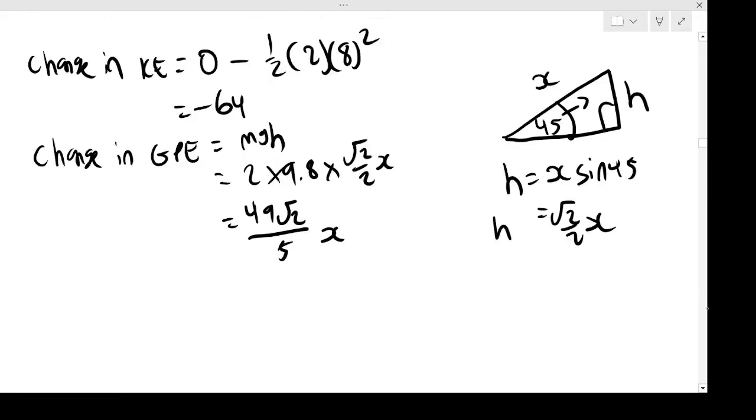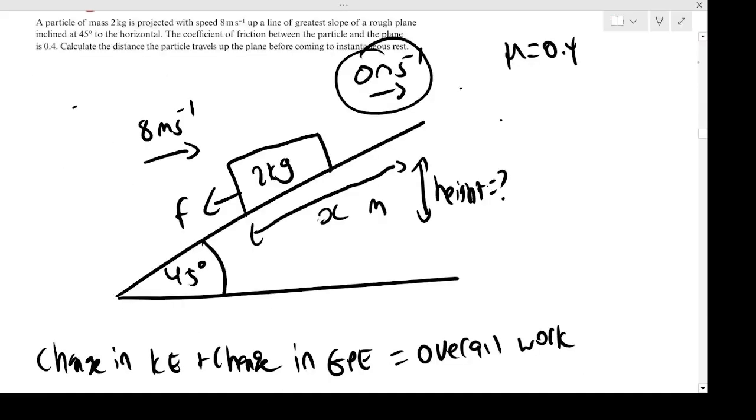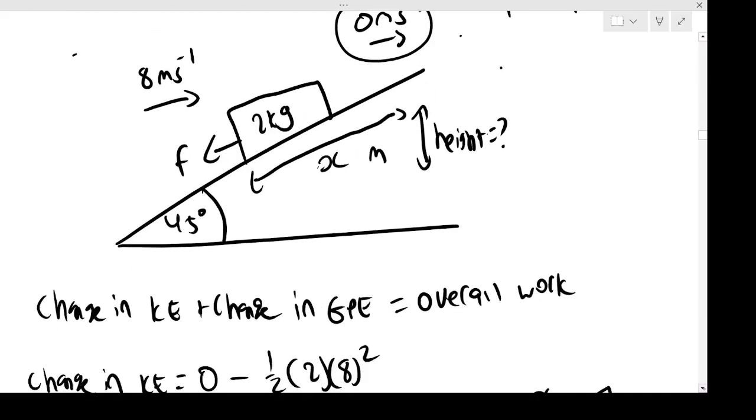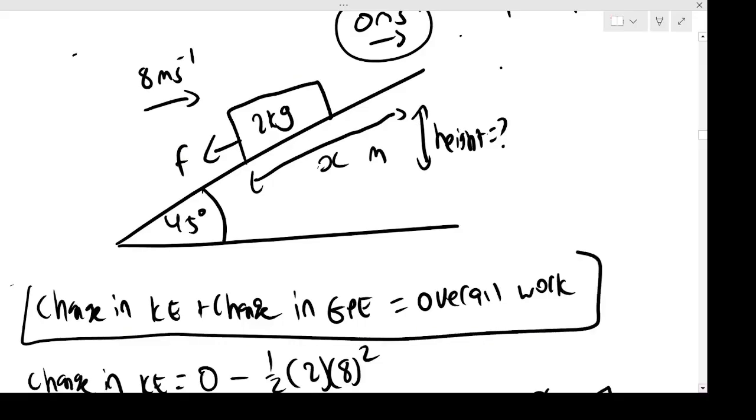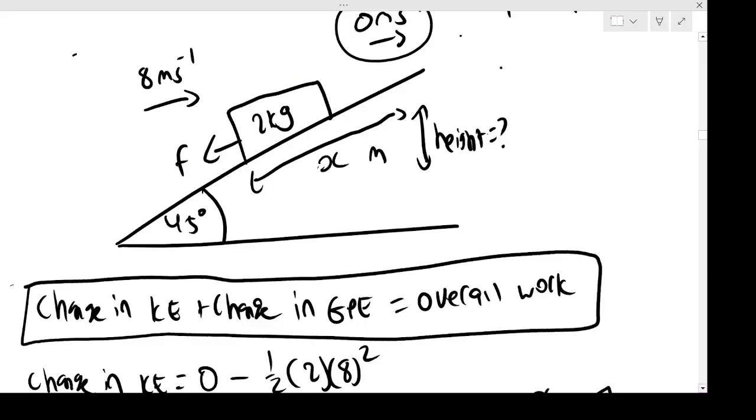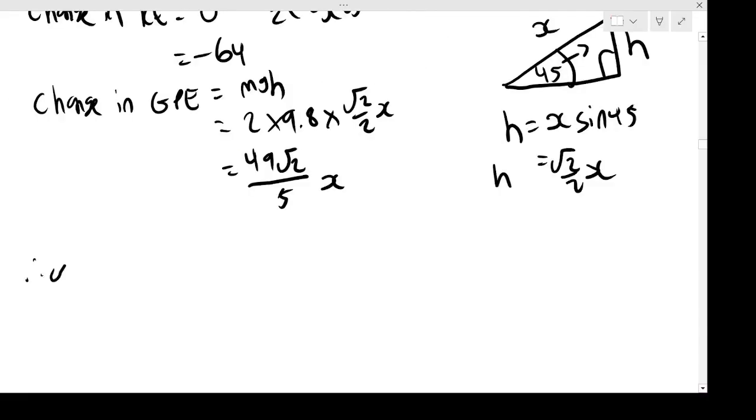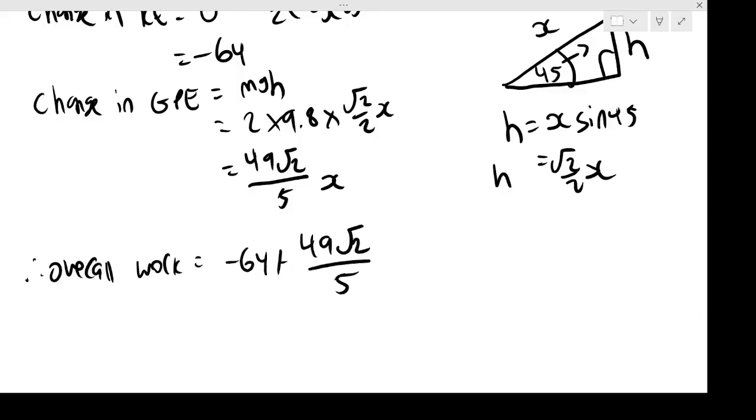Okay, cool. So then if we look at our work energy formula, I'll box it here. So the overall work is going to be these two changes in energy. So minus 64 plus 49 root 2 over 5x.